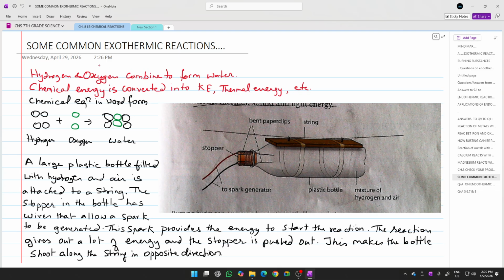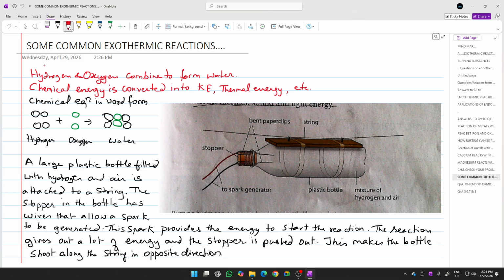So let us start with lecture number 4, and this is a very common example of an exothermic reaction. You know what exothermic reactions are by now. Exothermic reactions are reactions in which heat energy is given out, isn't it? So hydrogen and oxygen combine to form water.